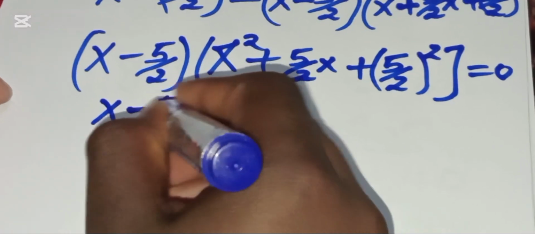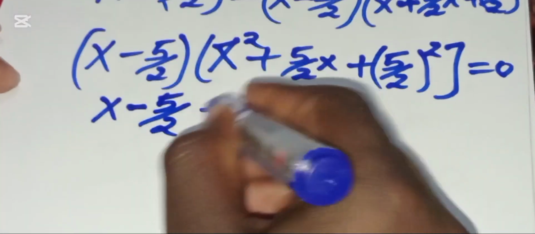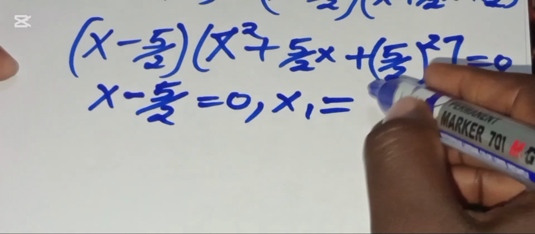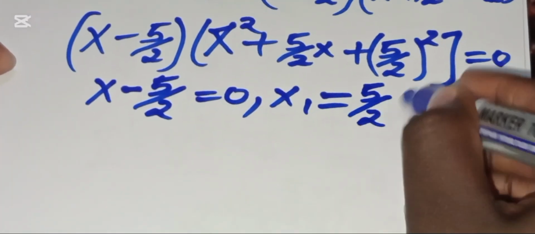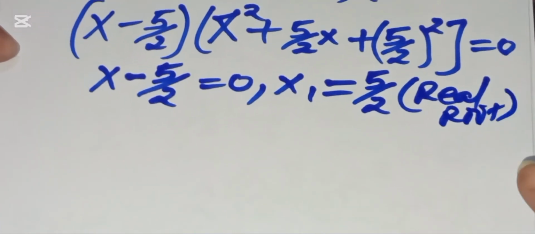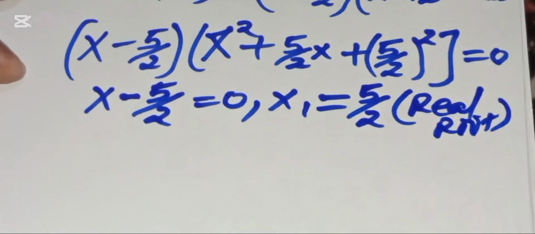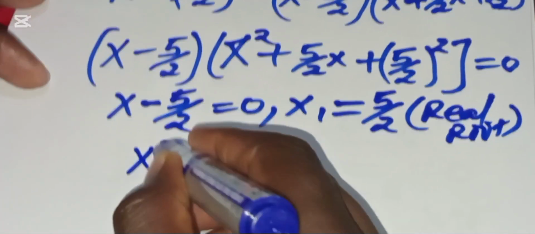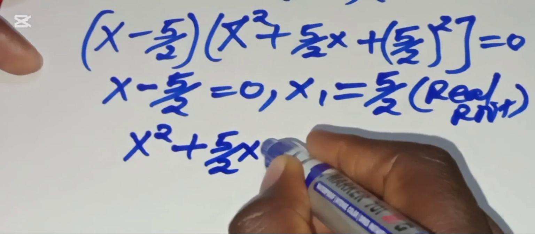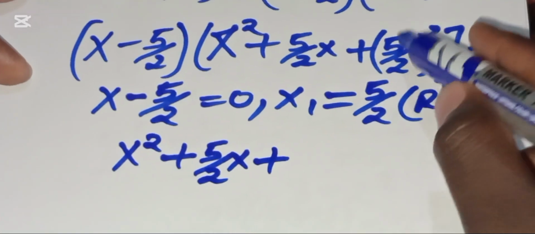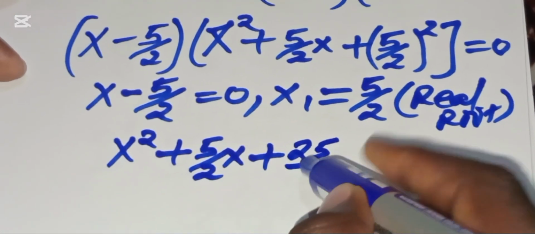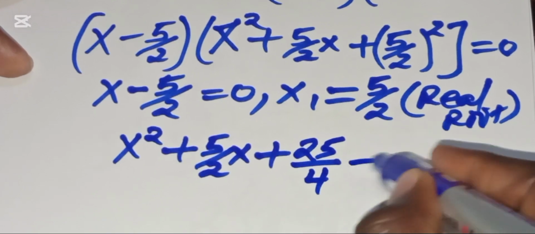Now the first value of x: we have x minus 5 over 2 equal to 0, and that means the first value of x is equal to 5 over 2, which is a real root. Now inside the bracket we have x squared plus 5 over 2 x plus 5 over 2 squared, which is 25 divided by 4, equal to 0.